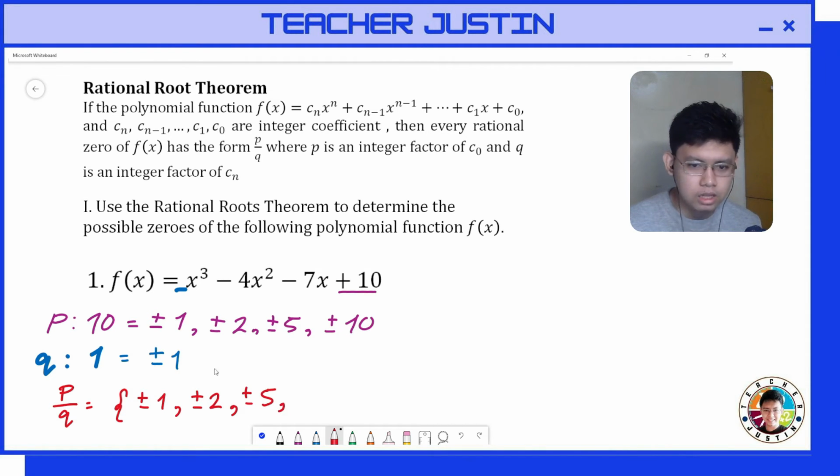And 10 divided by 1 is positive negative 10. And if we're asked to find the possible zeros of this polynomial, we have this. So this will be our possible zeros of the polynomial function f of x.